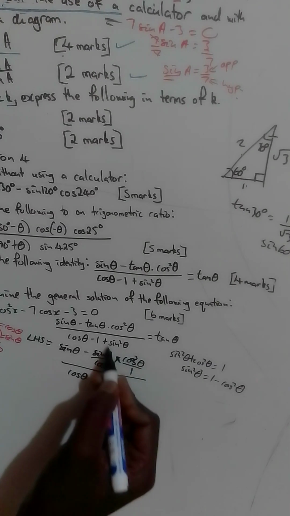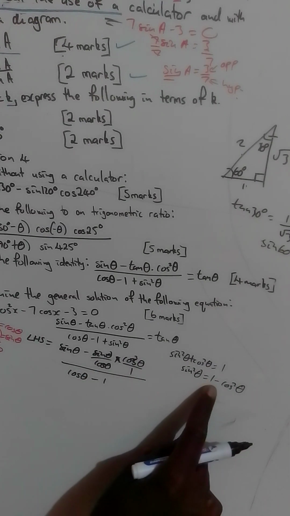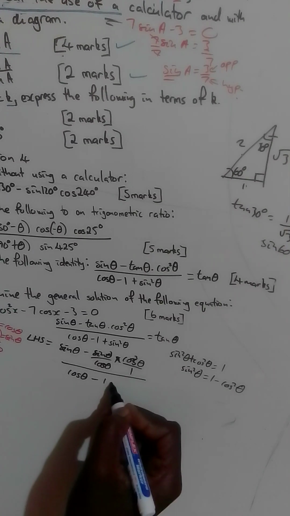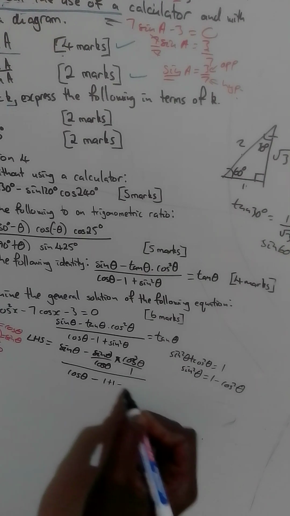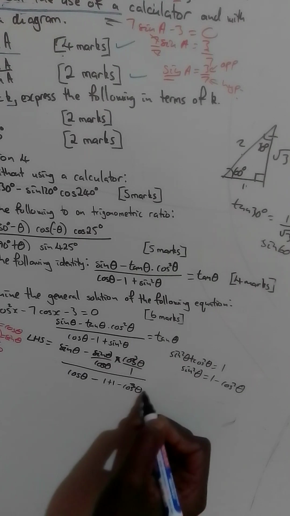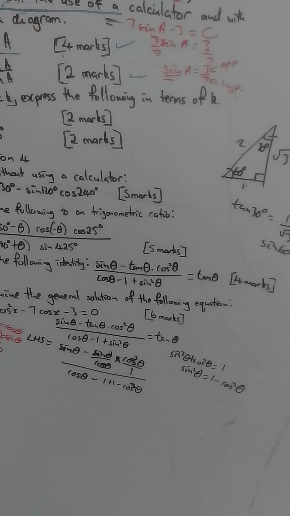So I'm going to convert this sin squared theta to become 1 minus cos squared theta. So now I've got plus 1 minus cos squared theta here. Hopefully people remember their Pythagorean identities.